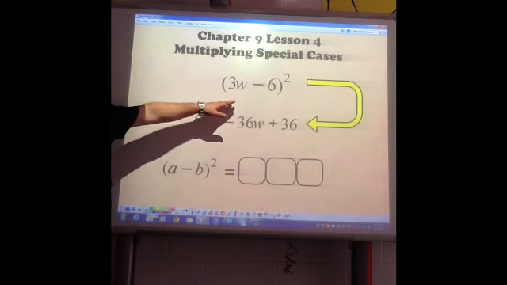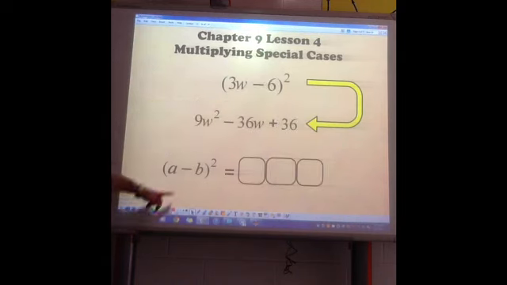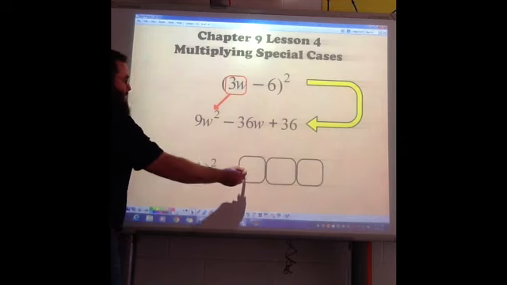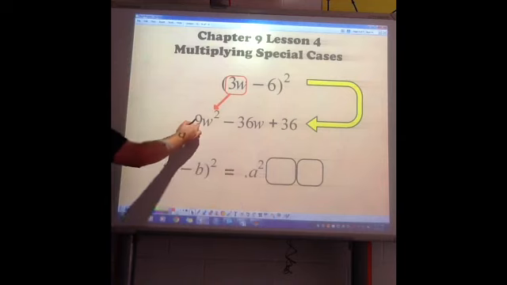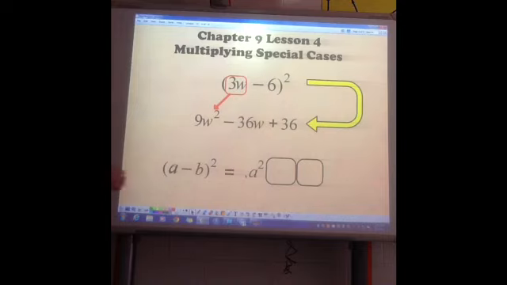Same way with our 3w minus 6 squared. If you go back to our original a minus b squared, the a is 3w. If you square that, multiply it by itself, 3 times 3 is 9, w times w is w squared.